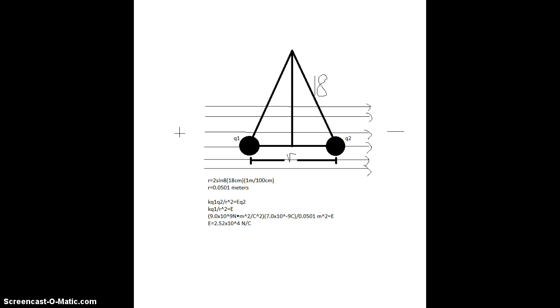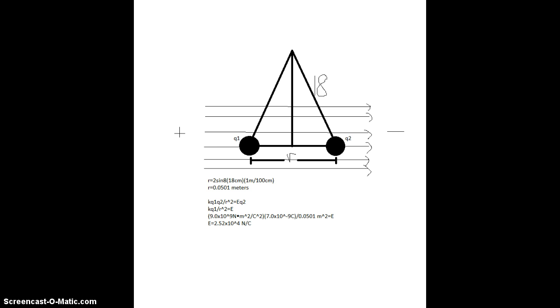Okay, so for this, we know that Q1 and Q2 are opposite charges, which means that technically, without the field around them, they should attract each other. But because they don't move farther away from each other, we know that the attraction between Q1, which is the negatively charged object, and the positive end of the field is equal to the attraction it experiences to Q2.